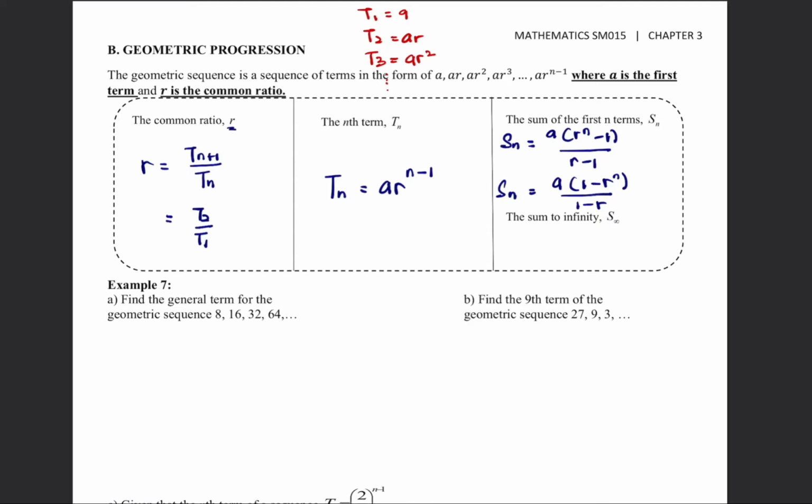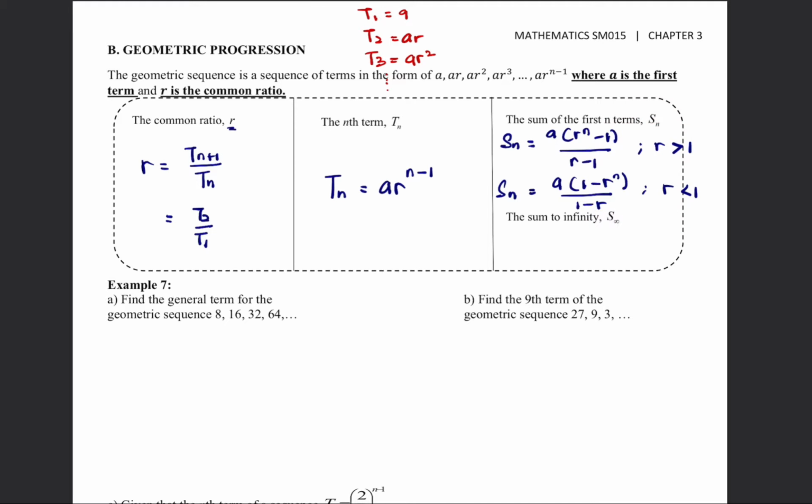We are going to identify either your common ratio is greater than 1 or less than 1. Okay, so if your common ratio is greater than 1, you have to use this formula. If your common ratio is less than 1, you have to use this formula.